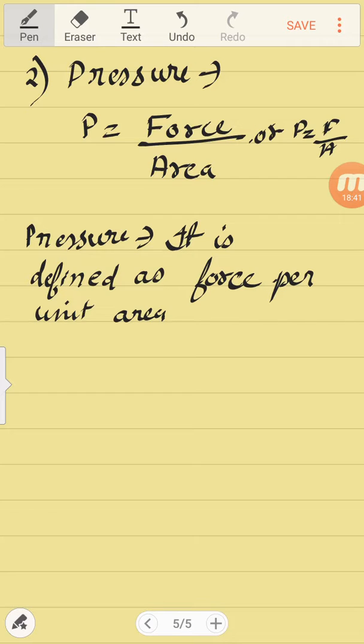Okay, and pressure in liquid. Now let me explain about pressure in liquid.